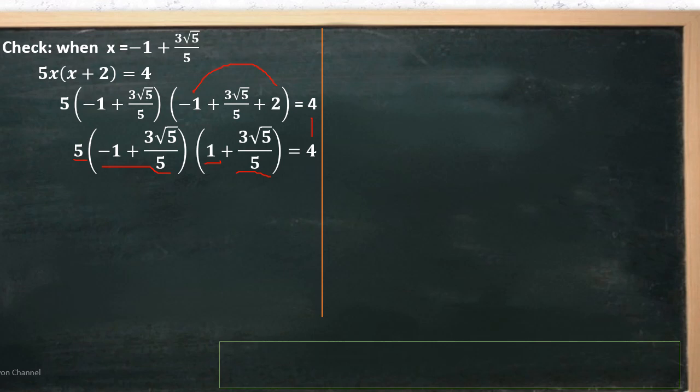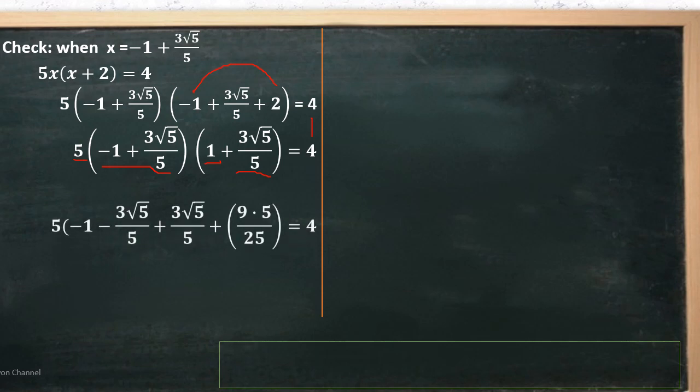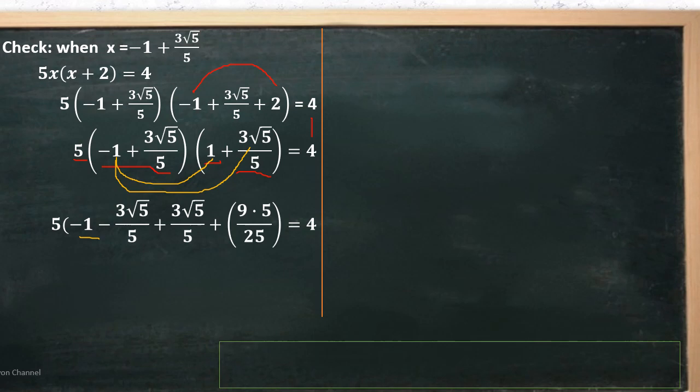Next, we have to multiply. This time, multiply binomial by binomial before multiplying by 5. You can also multiply from left to right. So -1 times 1, the answer is -1. -1 times 3 square root of 5 over 5, the answer is -3 square root of 5 over 5.